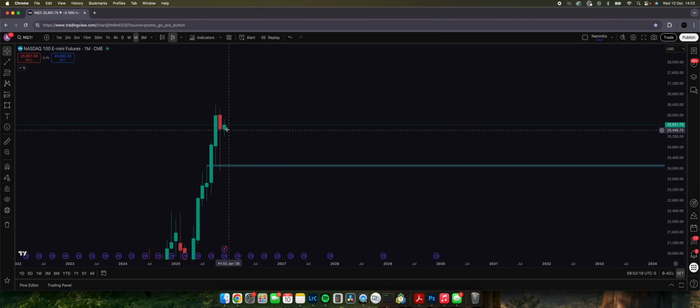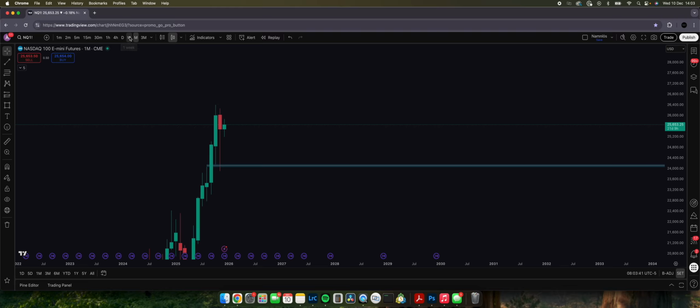Are we first going to go back down to retest this level and then we get the real move? Or are we, for example, just going to the previous month high and take it out, and maybe even the all-time highs, and maybe from there we want to see a reaction if you are going to trade down? But for now, let's say we have already seen this imbalance get tapped.